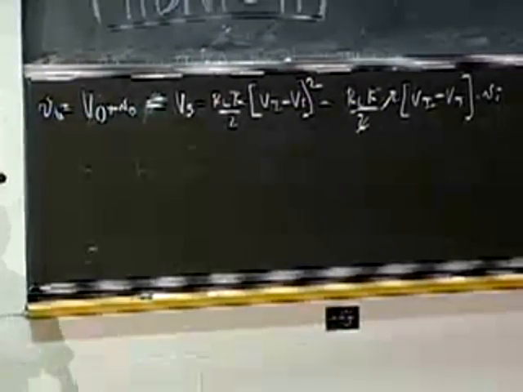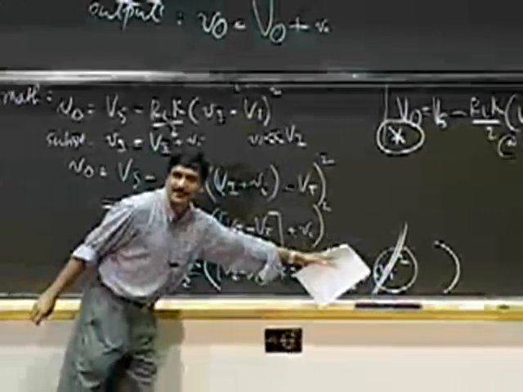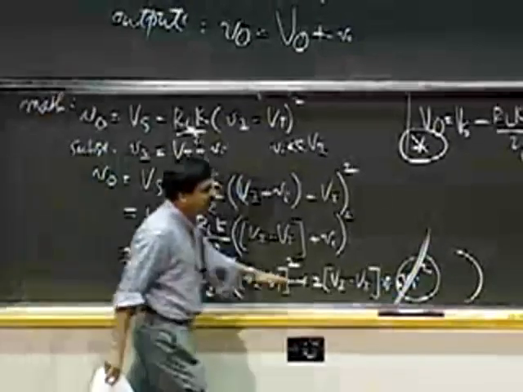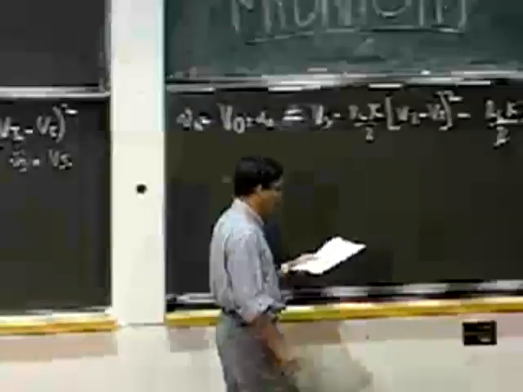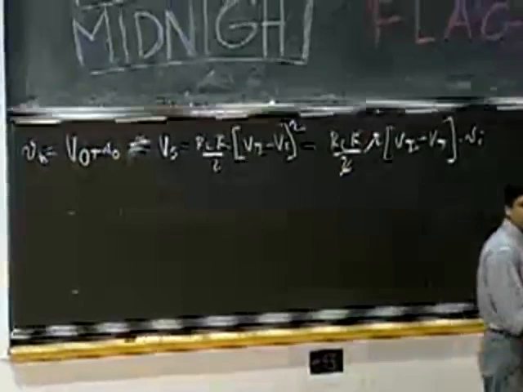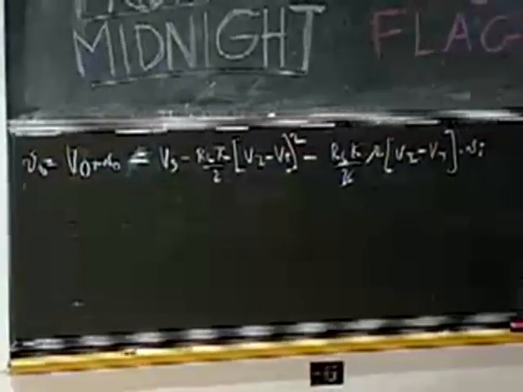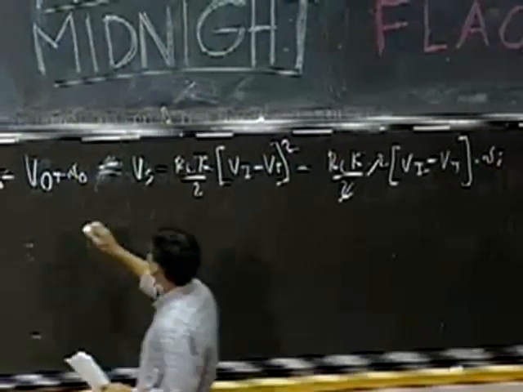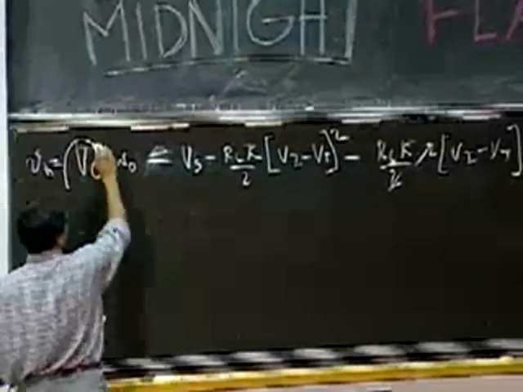Again, from here to there, nothing fancy. This is the one step where I've used a trick. I've said small vi is much smaller than capital Vi, and so I've simply expanded this out and written it here. So do you see the obvious next trick here? From star, look at this guy.